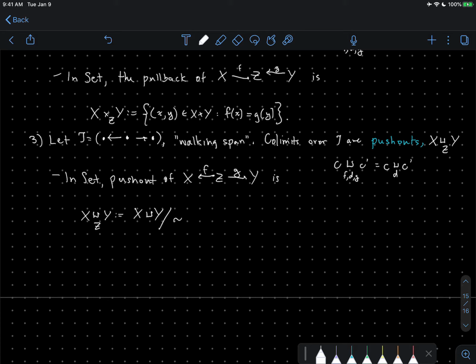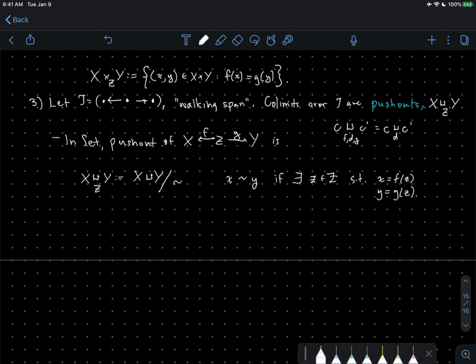Well, it's going to say that little x is equivalent to little y if there exists a little z such that x equals f of little z and y equals g of little z. So we're sort of thinking of it as gluing X and Y together along images specified by Z.